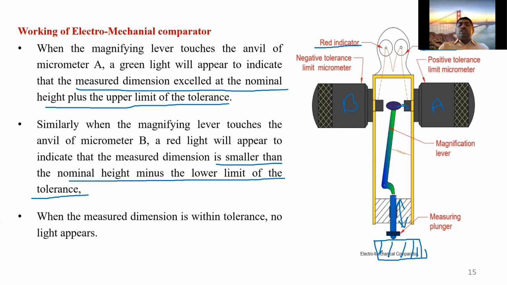When the measured dimension is within the tolerance, the magnification lever will not touch either the ends of micrometer A or micrometer B. That means no bulb will appear, or no light will appear.